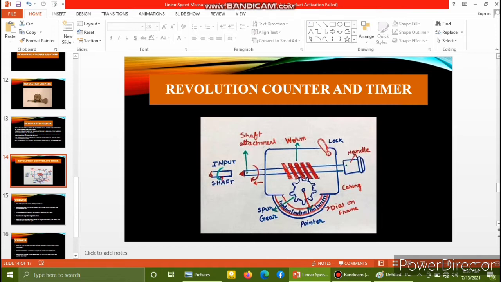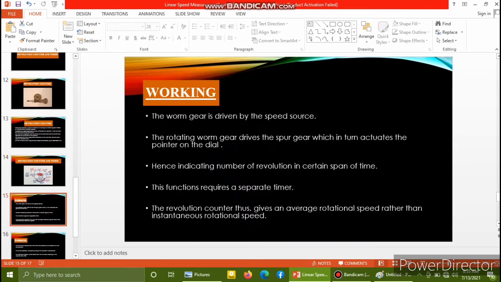So for example, here there are numbers that tell us how many revolutions there are, hence indicating the number of revolutions in a certain span of time.